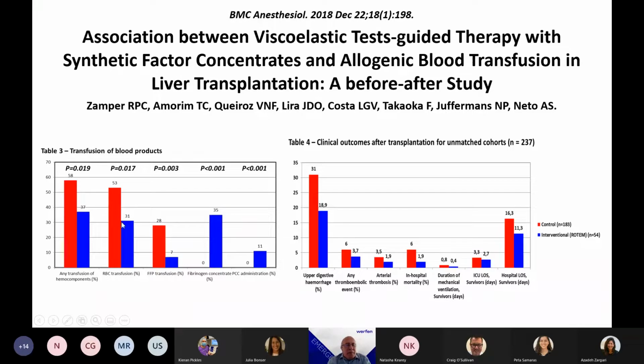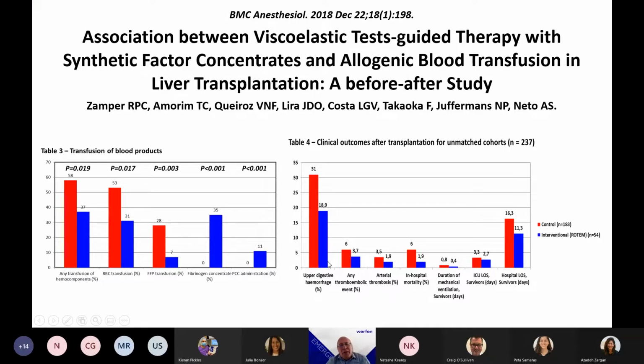At the same time, red blood cell transfusion and plasma transfusion was nearly eliminated. Yes, it's still 7% here, but I'm quite sure in between they were still going down. And of course, there was an increase in fibrinogen concentrate and PCC because they didn't use it before. But that's just blood transfusion.